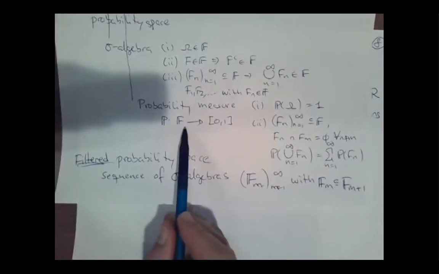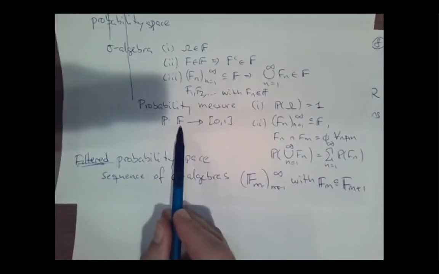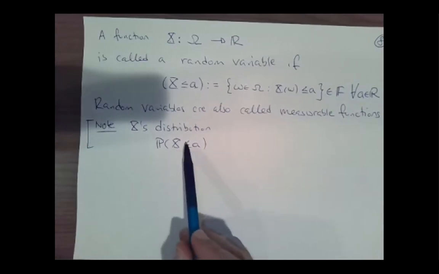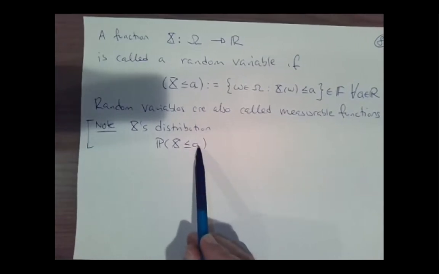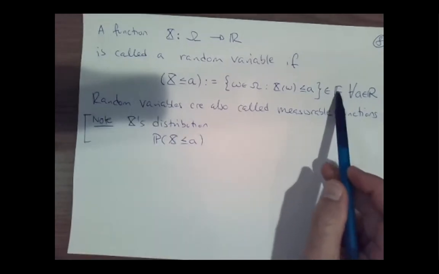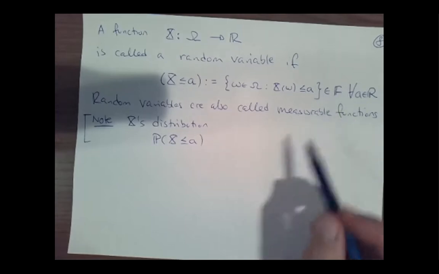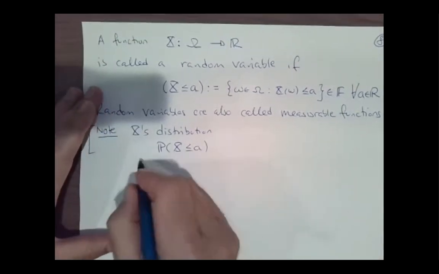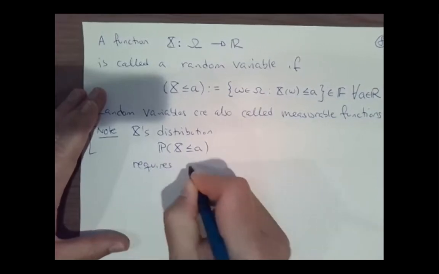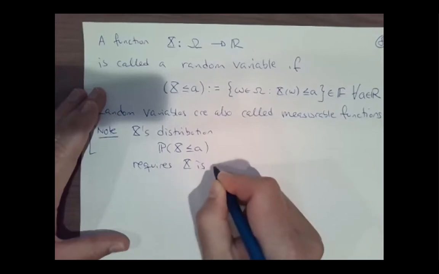Right? So P's domain is F. So for me to write the probability that X is less than a, I must have that the set {X < a} is something in F. So X's distribution requires that X is measurable.